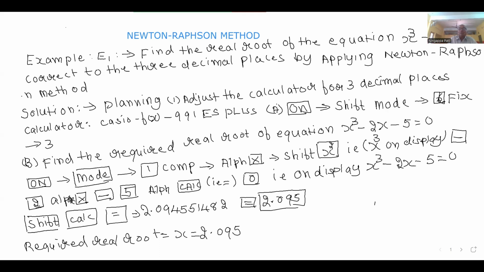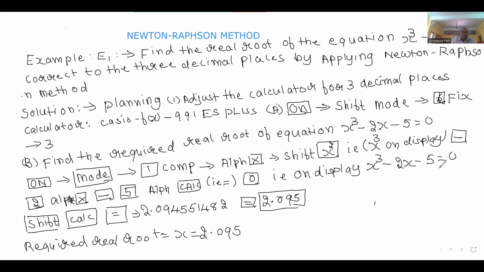Then for the equal sign, press alpha, calc button, and equal to 0. Now on the display you have x cube minus 2x minus 5 equal to 0.